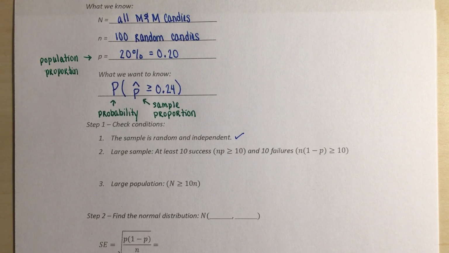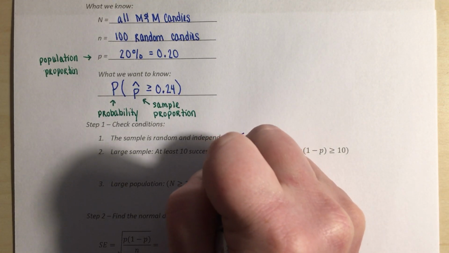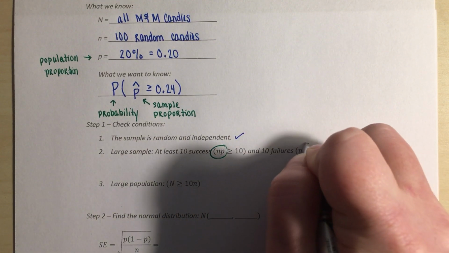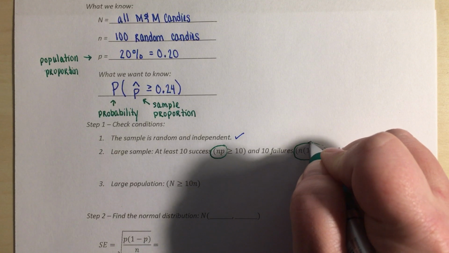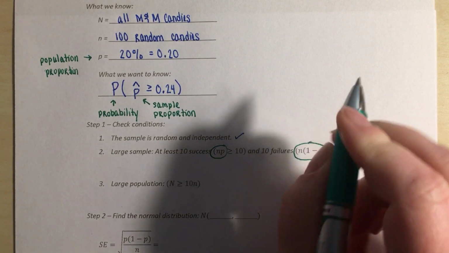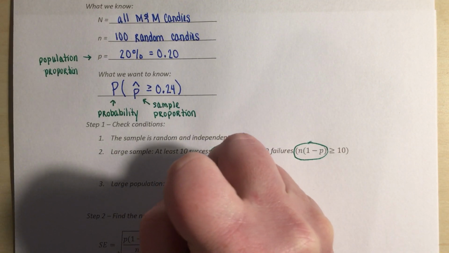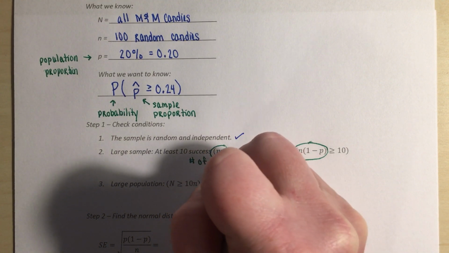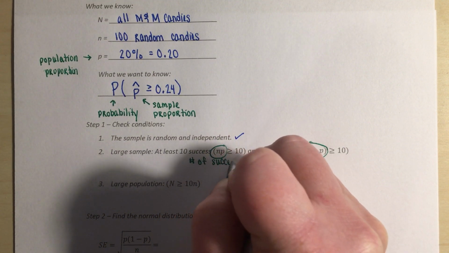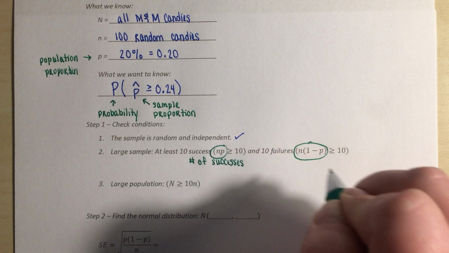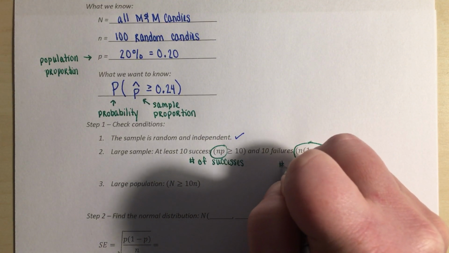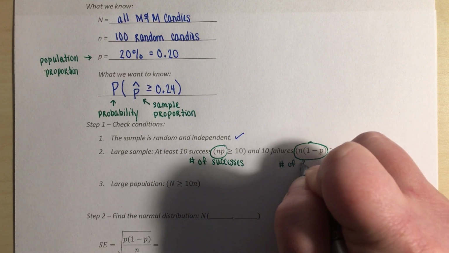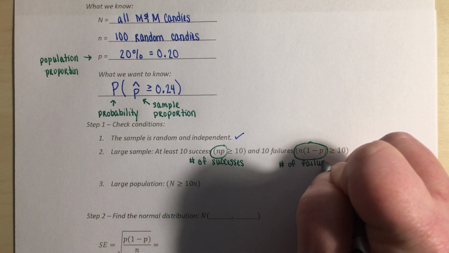So what we're going to do here is multiply n times p and n times 1 minus p. This n times p is going to give us the number of successes, and this n times 1 minus p is going to give us the number of failures.